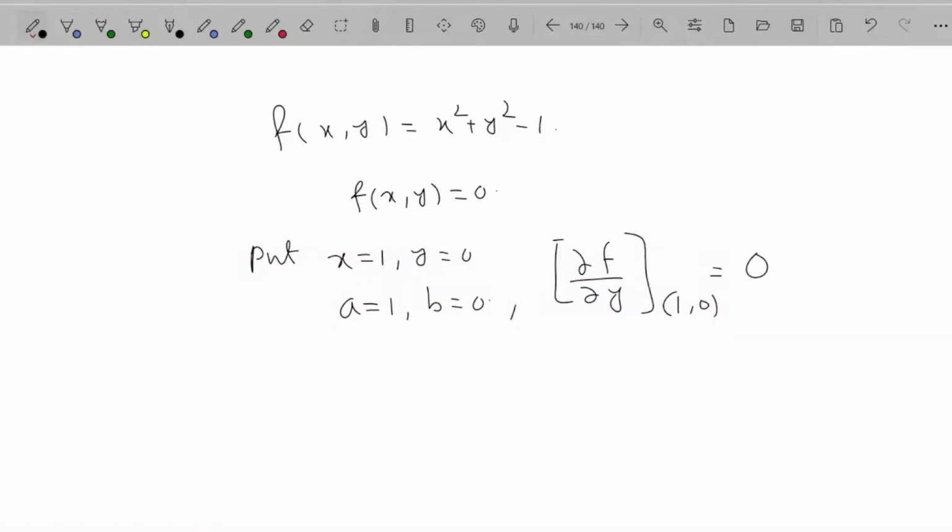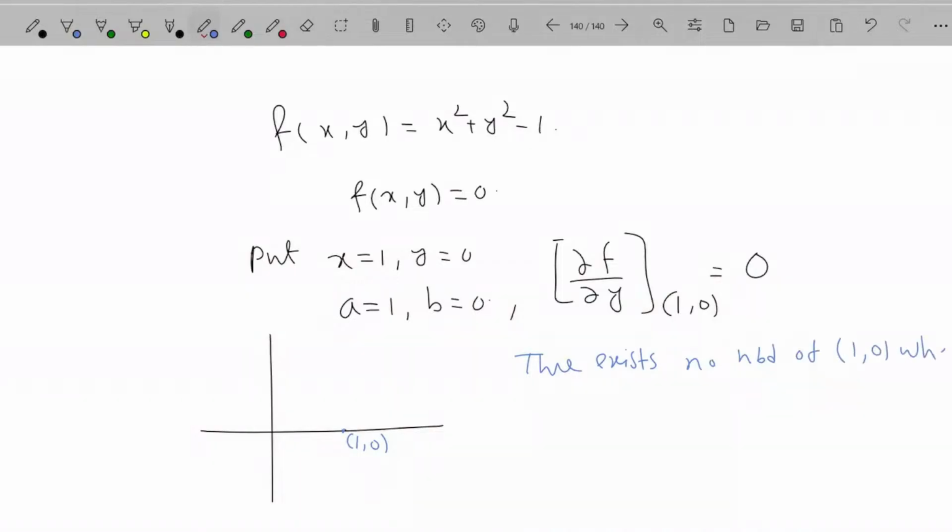So you see that there will be no neighborhood of (1, 0) where we can write y equals f of x, where f is a continuously differentiable function.